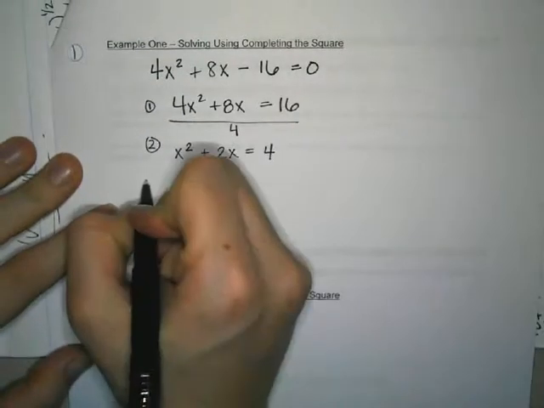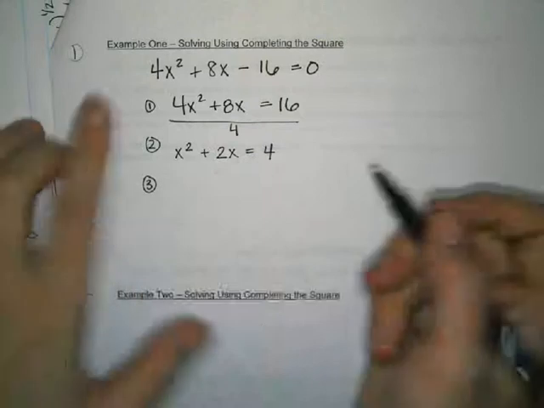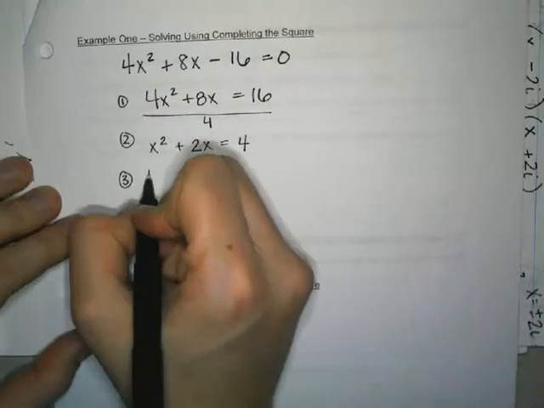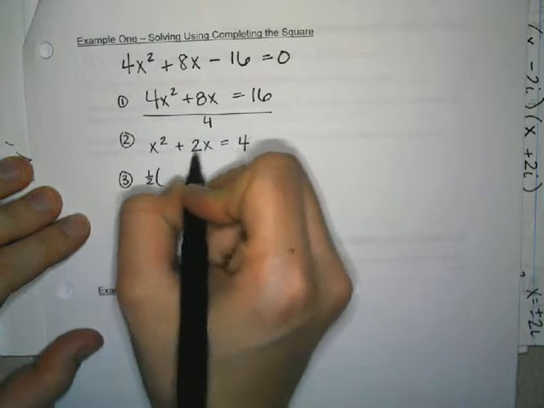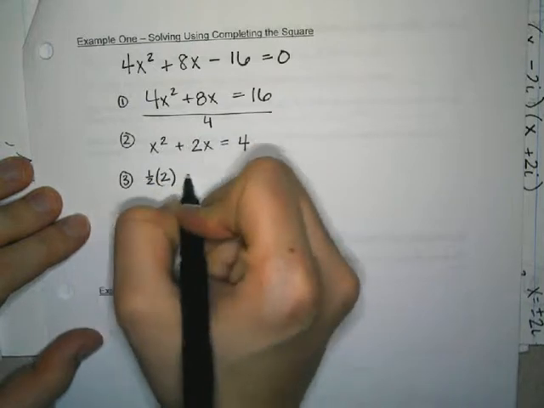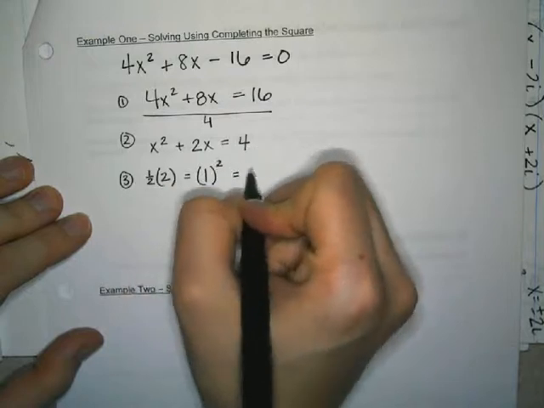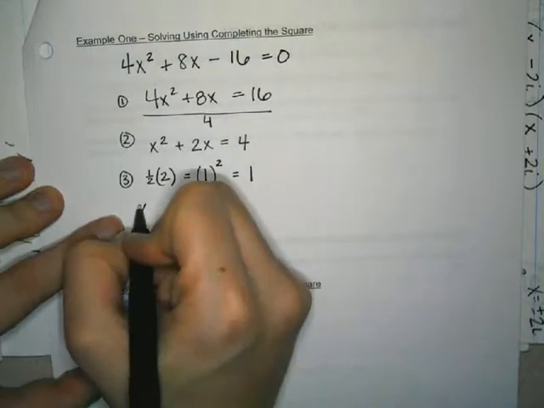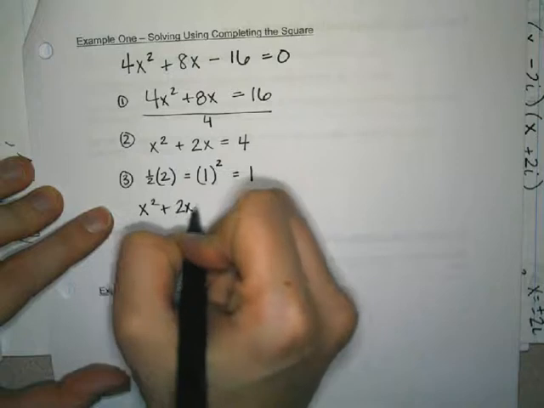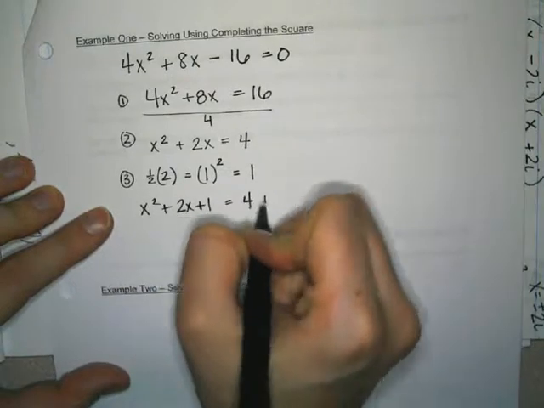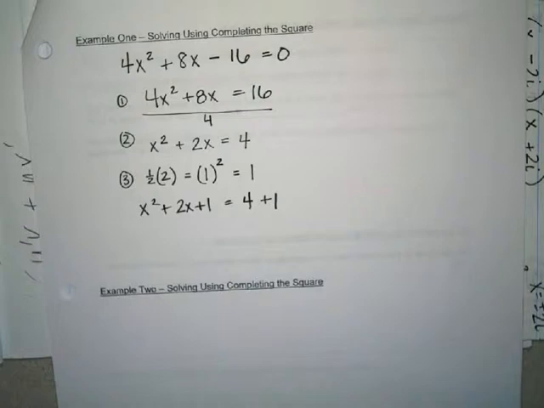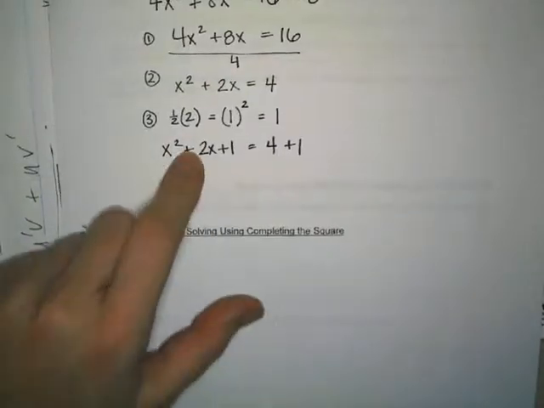Then your third step is to take half of b, so half of b is 1. You're going to square that, which ends up being 1, and then you're going to add that value to both sides. You can do whatever you want to an equation as long as you do it to both sides. What that allows us to do now is to factor the left side.